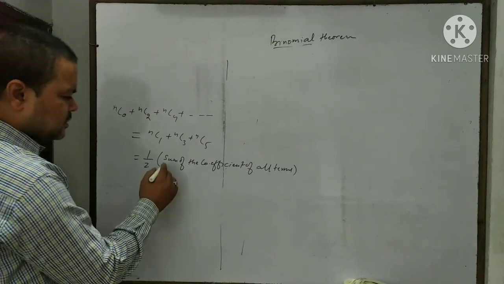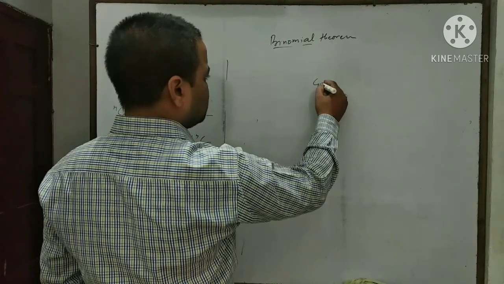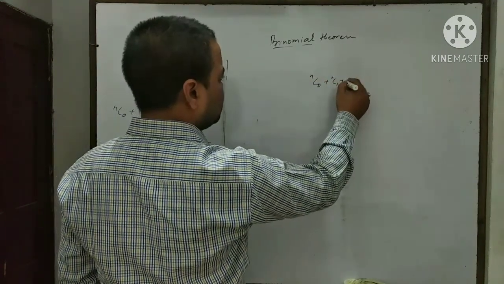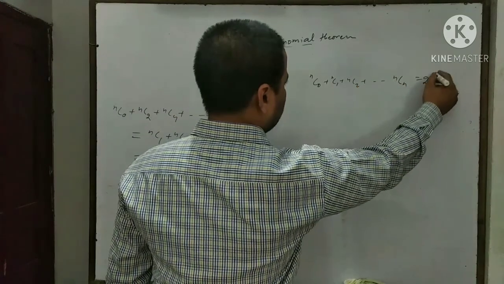And we know what the sum of the coefficients of all terms is: nC0 plus nC1 plus nC2 plus up to nCn is equal to 2 raised to power n.